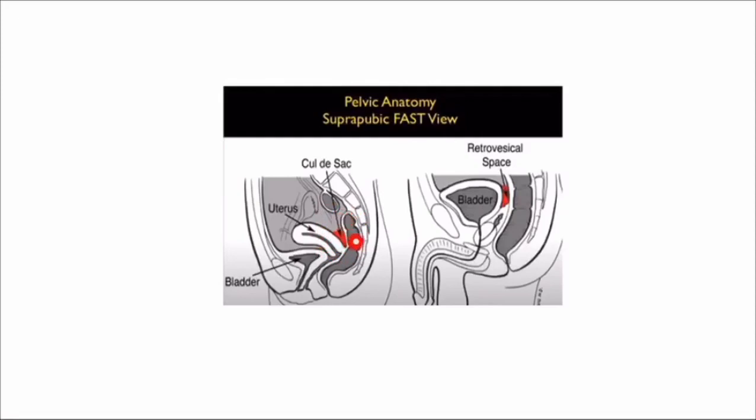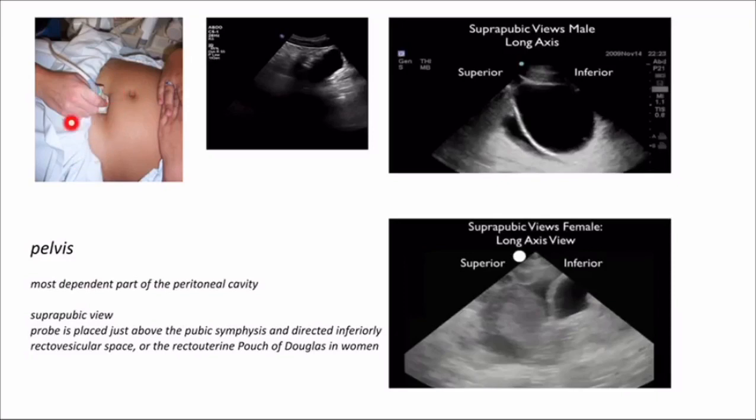These are the areas in the pelvis that usually contain free fluid collection in the pelvic region. So this is the scan where the probe is placed in the suprapubic region of the patient to evaluate the rectovesical pouch in the male or the cul-de-sac or pouch of Douglas in the female for presence or absence of free fluid collection.